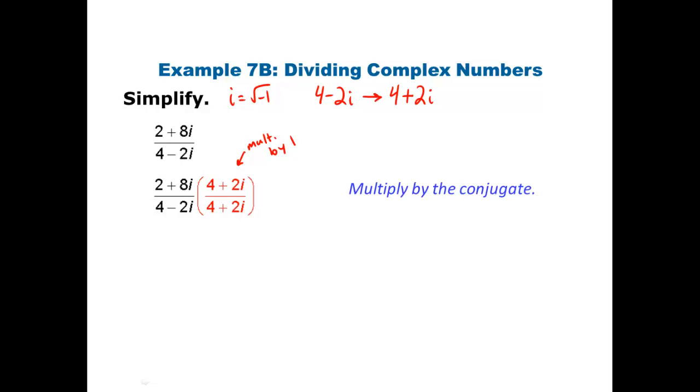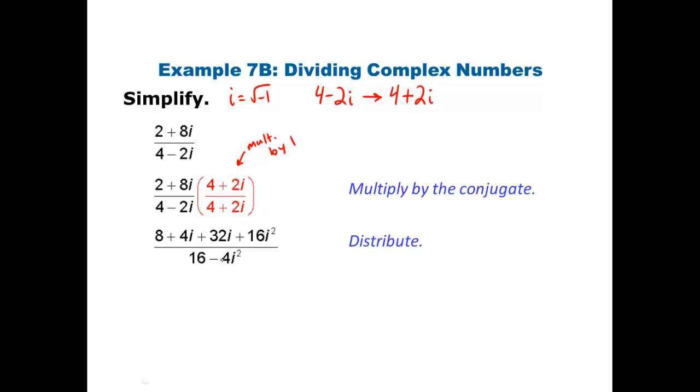All right, now with our next step, distributing, we have a little bit of work to do. We have to distribute each of those numbers. So our 2 times 4 is 8. 2 times 2i is 4i. 8i times 4 is 32i. 8i times 2i, 16i squared.